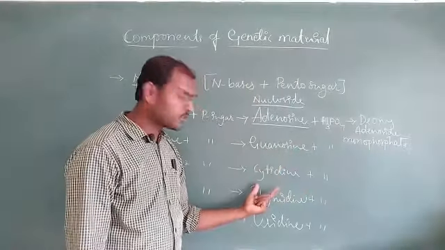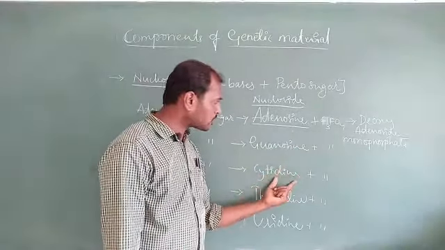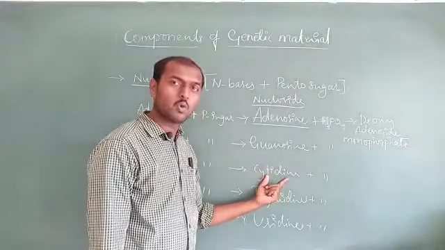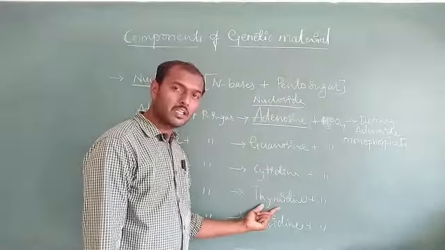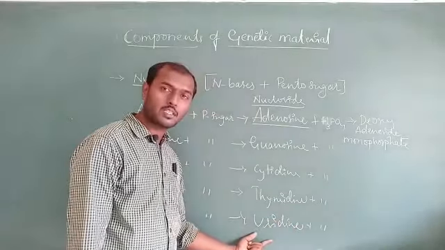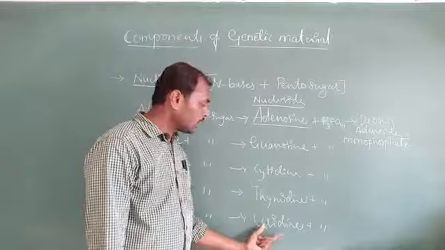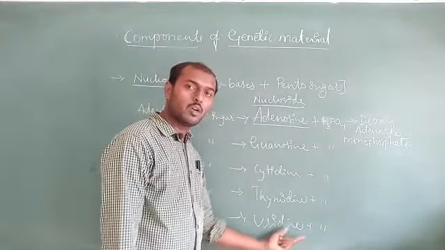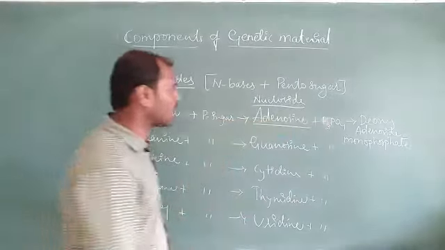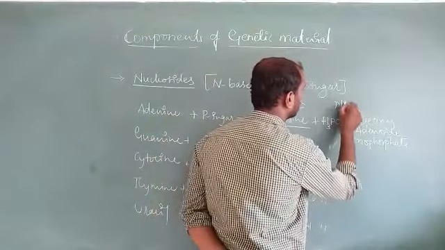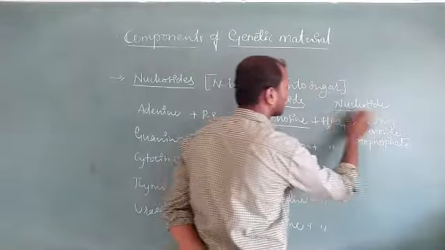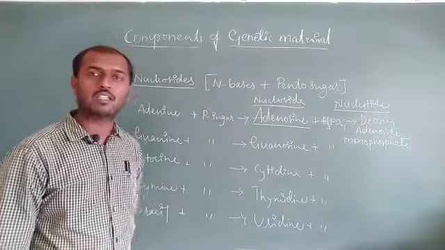Cytosine is going to form deoxycytidine monophosphate. Thymidine, deoxythymidine monophosphate. Uracil or uridine, deoxyuridine monophosphate. So this final compound is what we call a nucleotide.